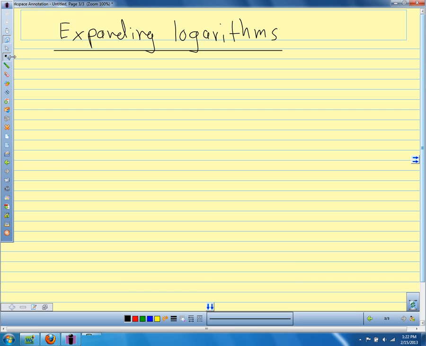All right, so we want to expand a logarithm. So we have, for example, log of 2x to the third times y to the fourth. So we want to expand this.